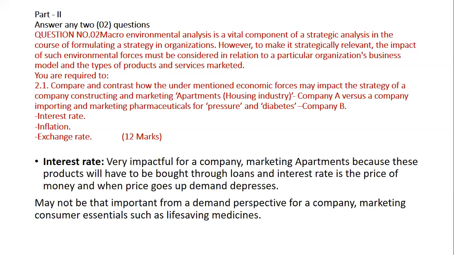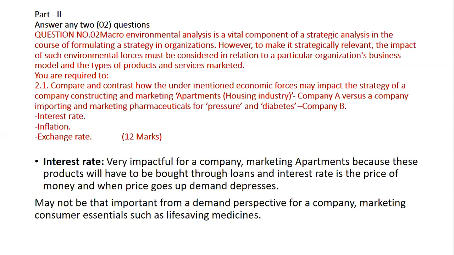Now, for both these two different organizations, you have to compare and contrast. When you write, you have to have a comparison and see what the similarities are in how the same scenario will affect them, and where the contrasting, different, opposing situations will come in.